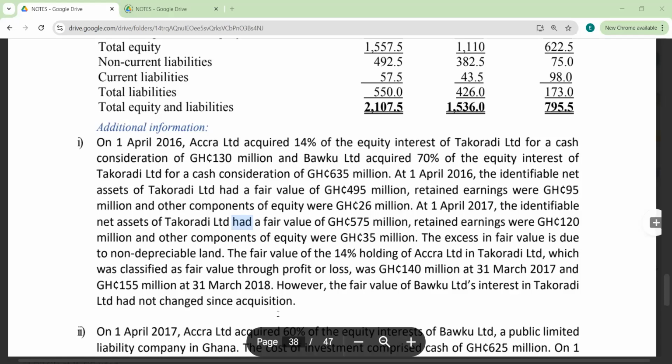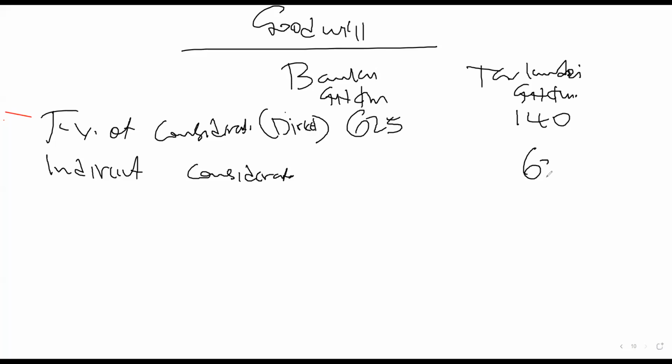Then what you have to do is 635. Then you say less what?